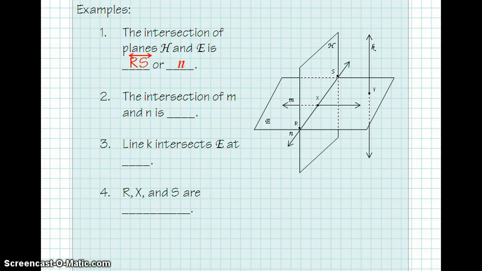Now the intersection of M and N, which are lowercase, meaning we're talking about lines again, is a point, and that point in this case is point X. Line K intersects plane E at the point Y. And then R, X, and S are on a line, so they are collinear.